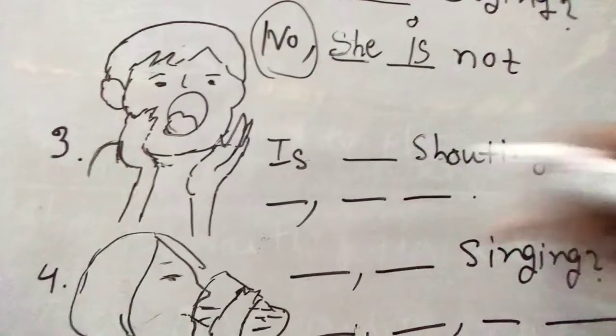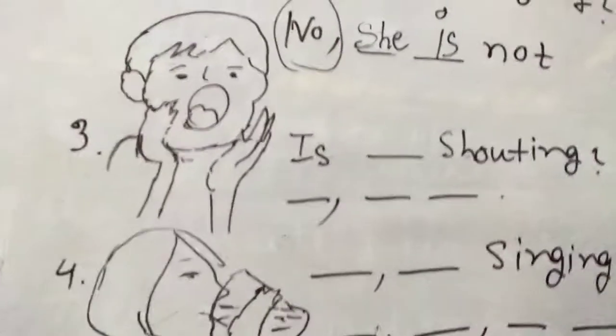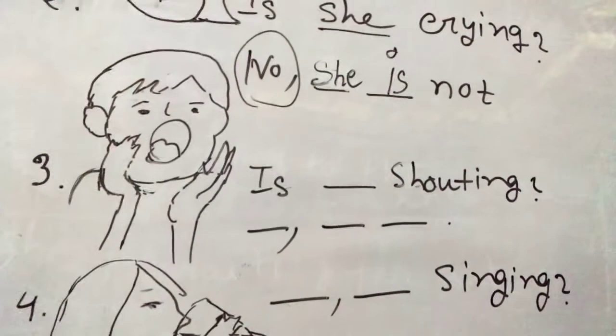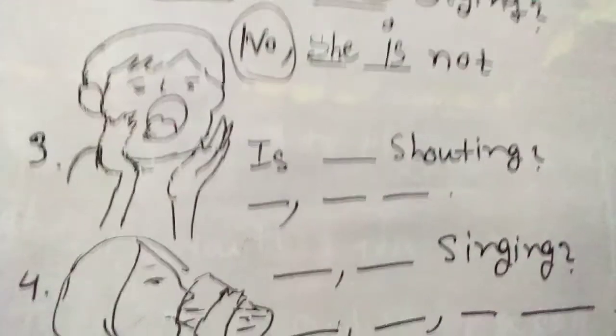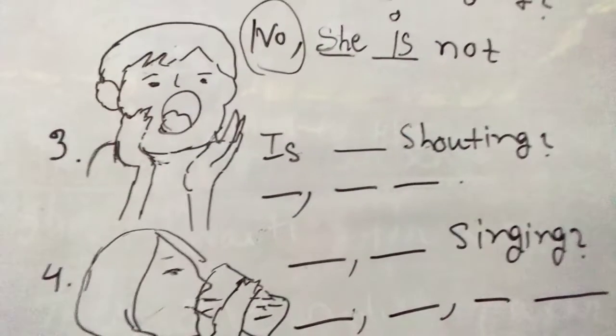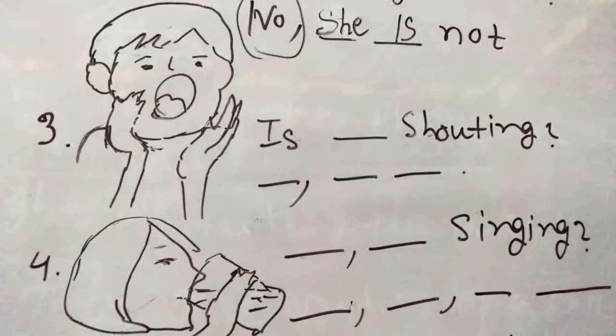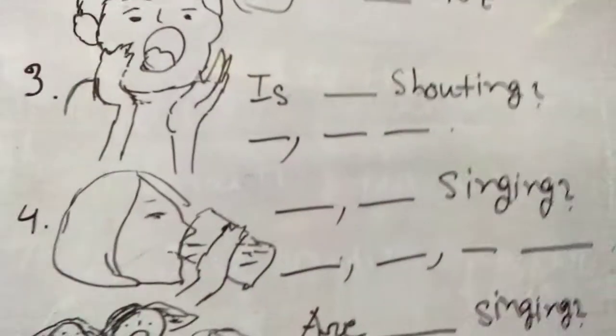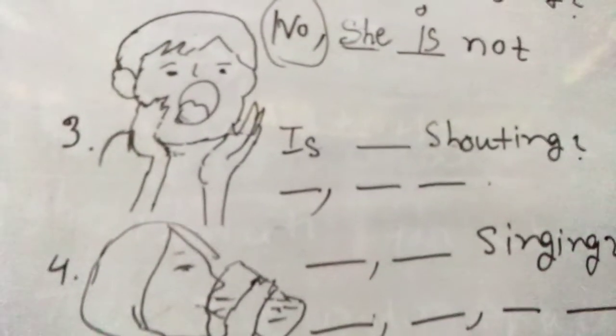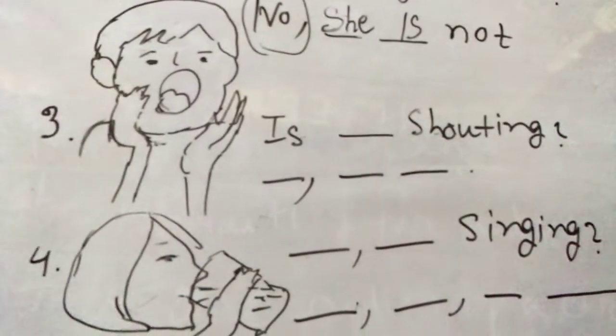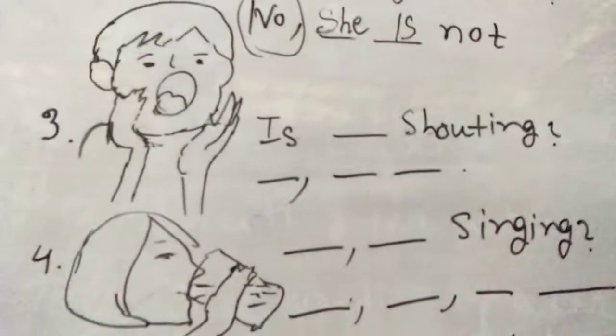So is it similar to shouting? Does it match the picture and the question? Of course, he is shouting. The way he is giving the expression matches; it tells that yes, he is shouting.